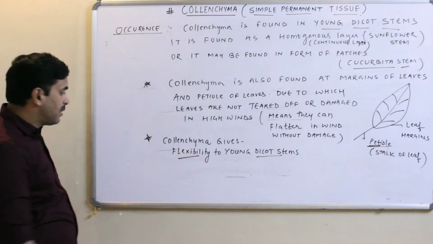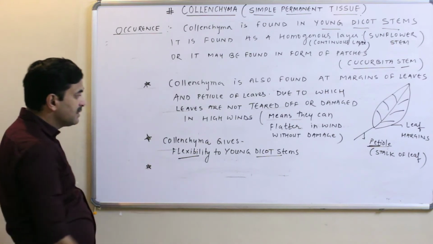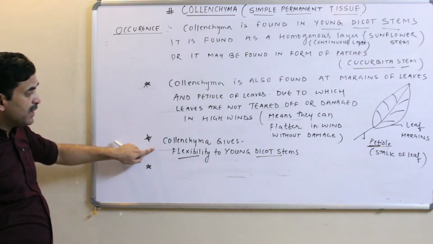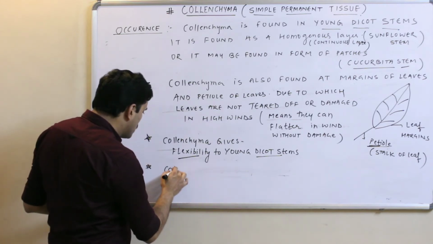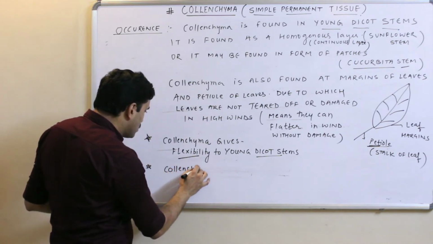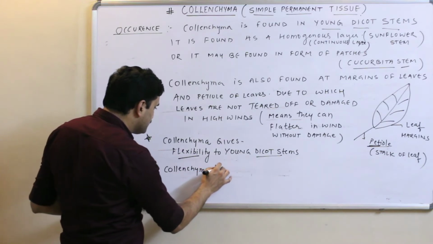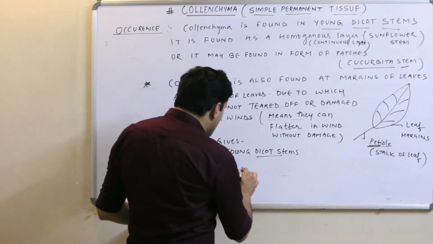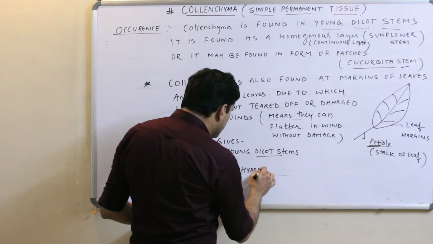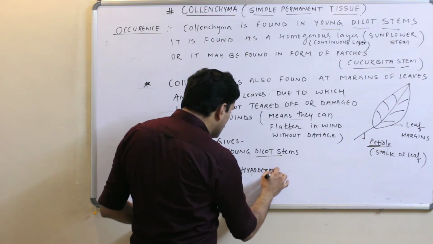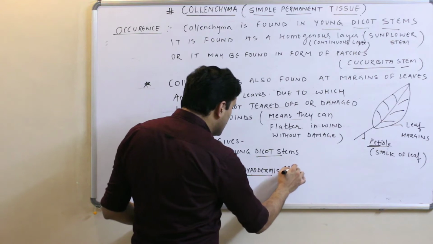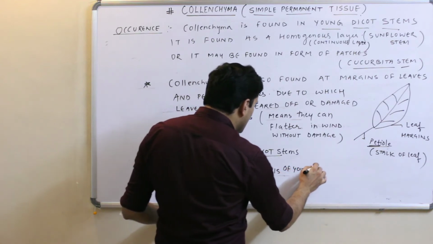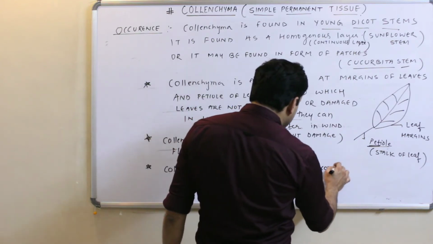Alright. Now, one more thing, where collenchyma is present. Collenchyma forms the hypodermis of young dicot stems.